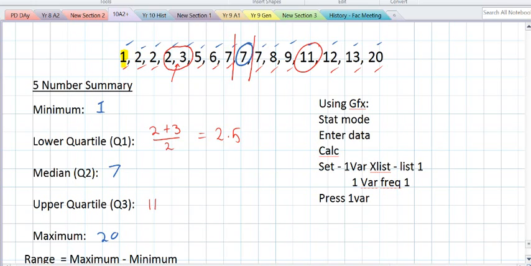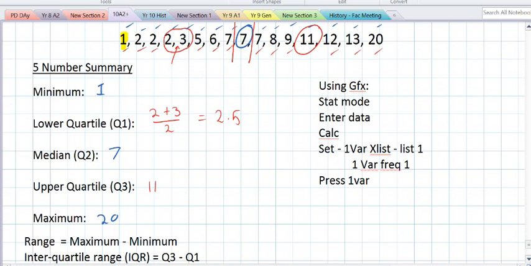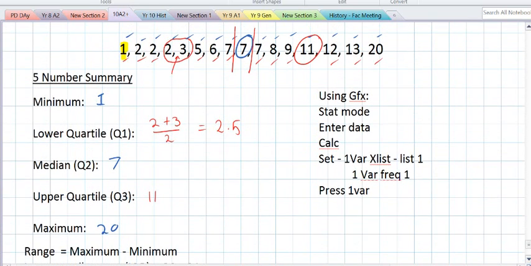That's our upper quartile. Take the notes. Yes. So if there was a pair on the upper quartile, would you do the same thing? Yes. So if we crossed off from either side and came to a pair, we'd add them and divide them by 2. Good question.